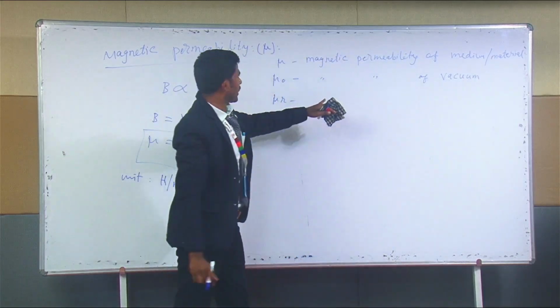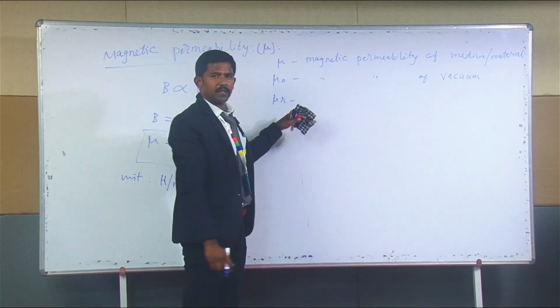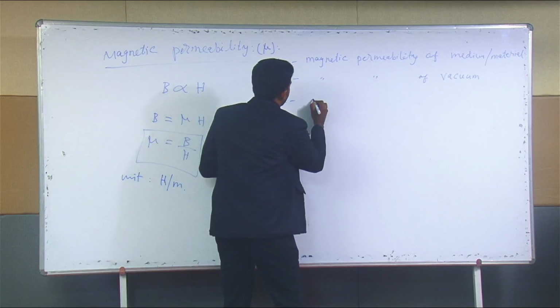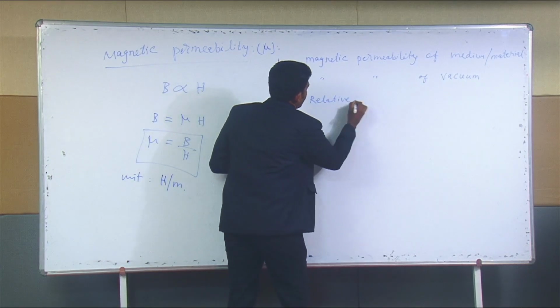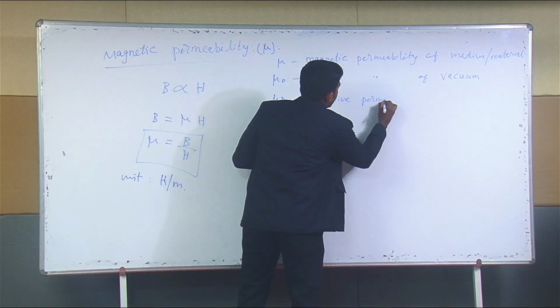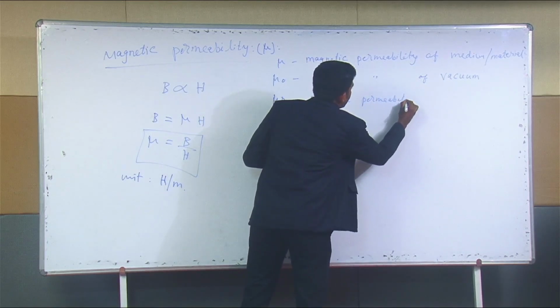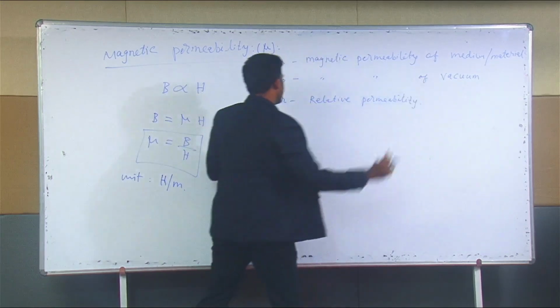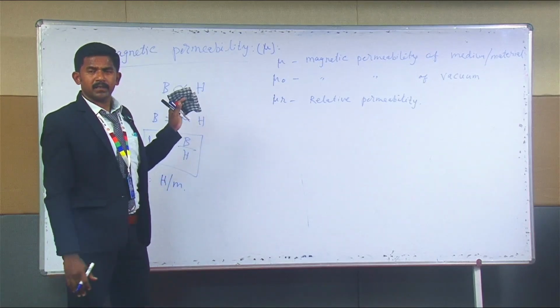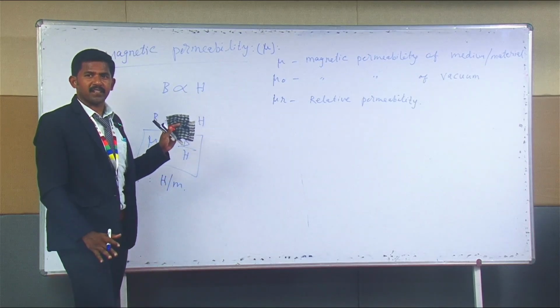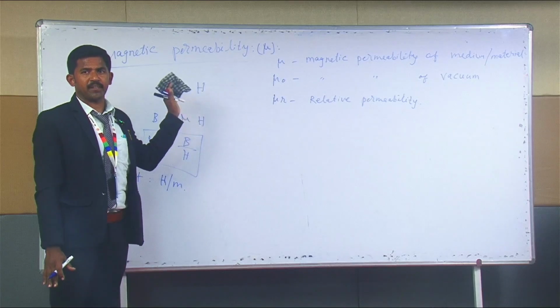Mu naught is the magnetic permeability of vacuum, mu r is the relative permeability. In the initial days, magnetic materials were usually classified based on magnetic permeability only.